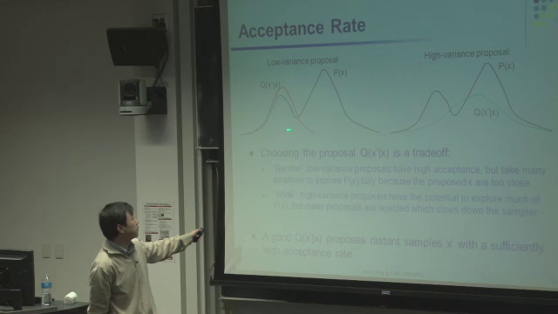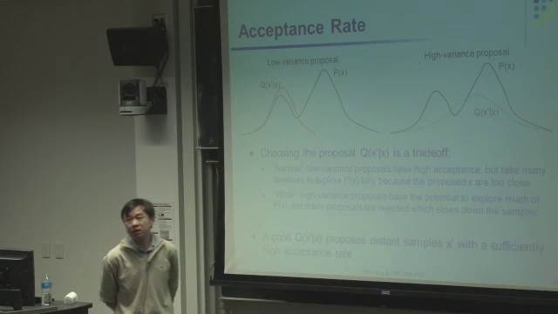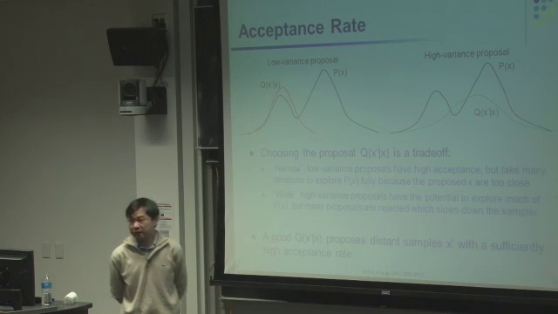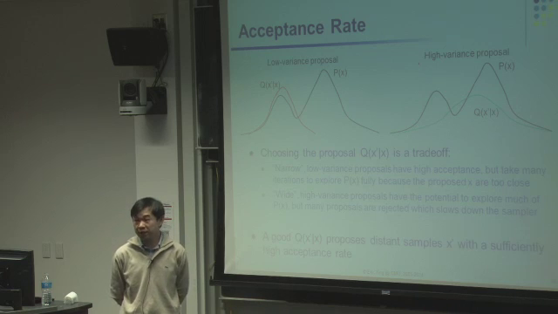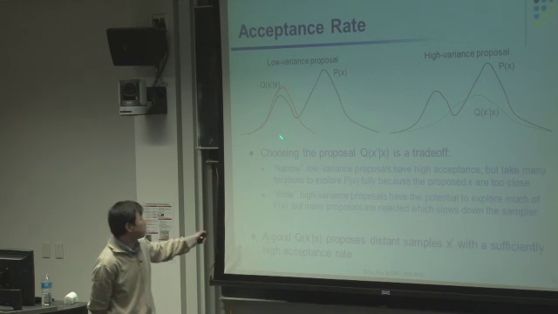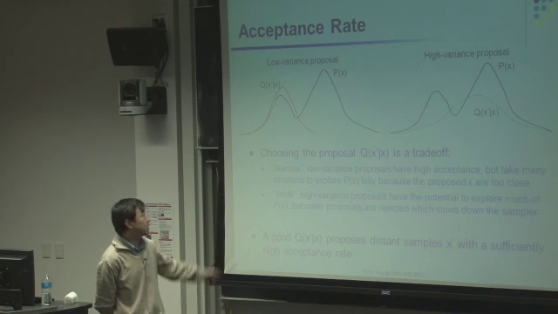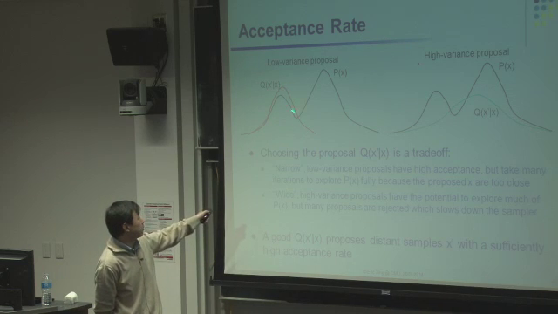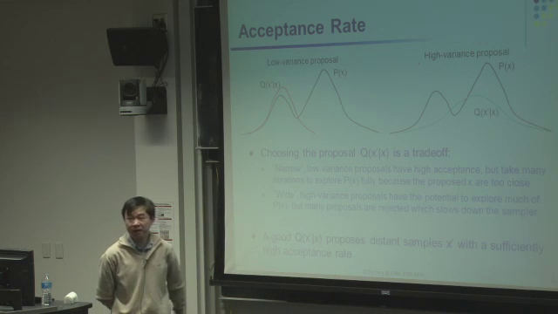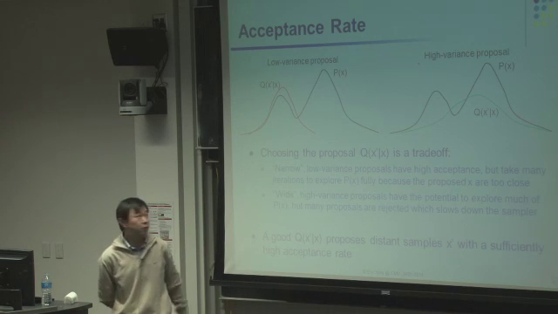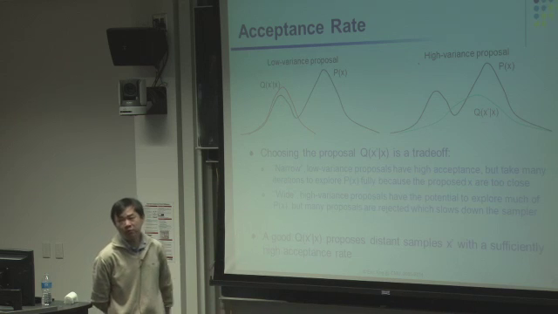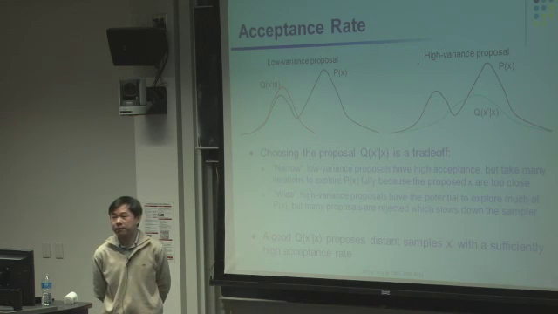For example, here I have 2 Qs, which could both be a good choice depending on what you need. This one will give you a pretty good acceptance rate, because it is consistent with the shape of one of the modes in the multimodal distribution very well. Therefore, once you draw a sample from here, it will most likely be accepted.